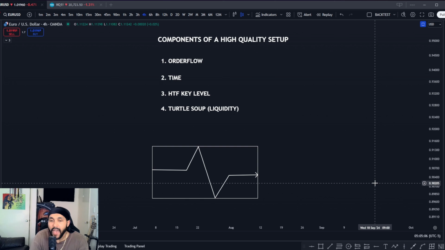Now, how can you use that within the market in order to predict price? When you fractalize it to a higher time frame candle, meaning the weekly, the daily, the 4-hour, depending how the candle opens, you can normally predict what the candle's going to do strictly by the open.